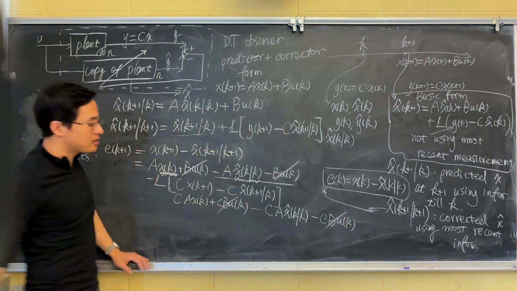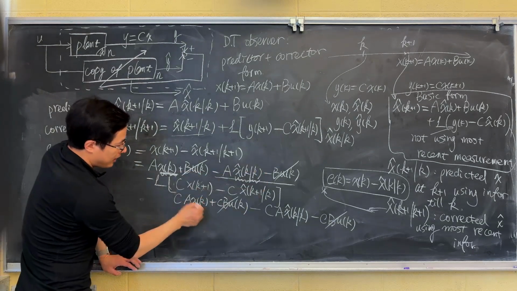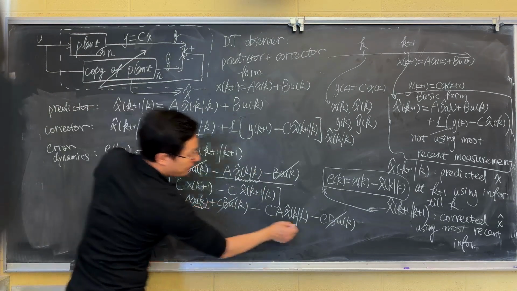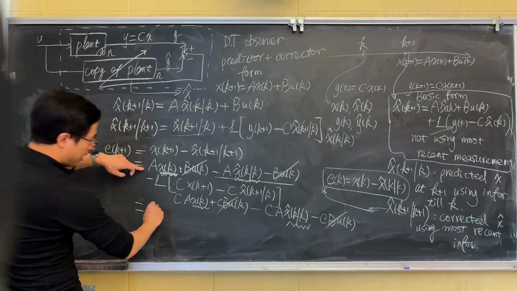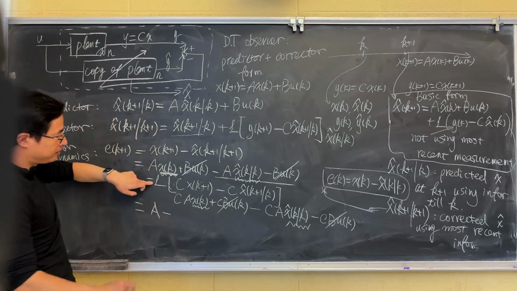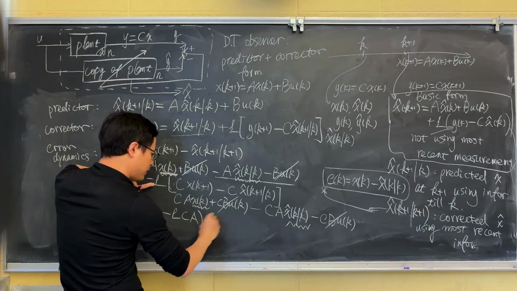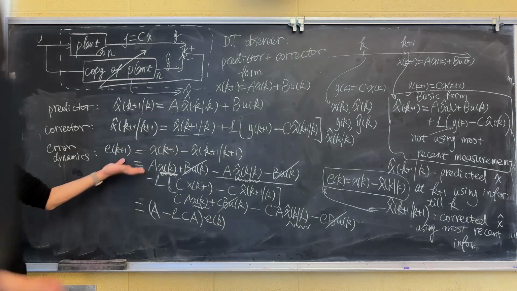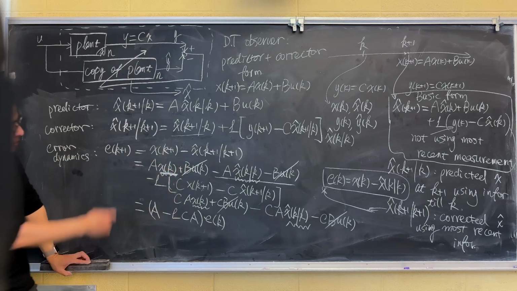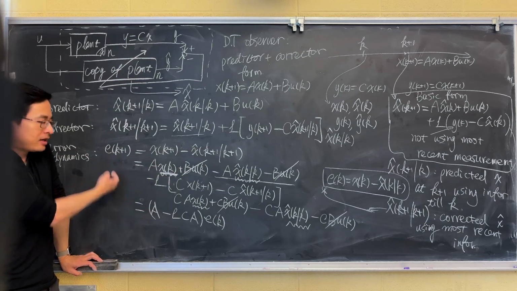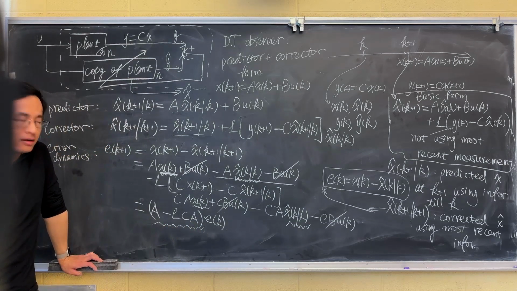They're always going to cancel with each other. Then, combining all these, you have another x k minus x hat k|k. So the result is going to be A minus L C A times e k. The result is very simple, although the steps are a little bit long.